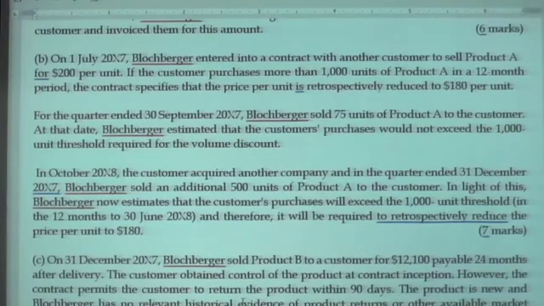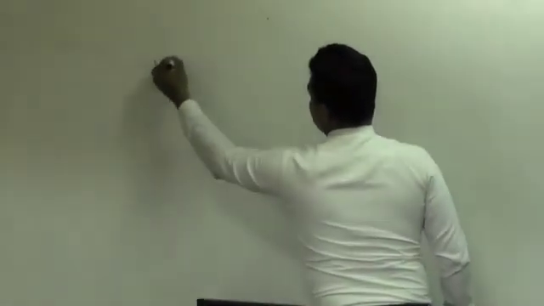Got it? Okay. Now take the timeline. 1st September 17 means first quarter end. You entered on 1st July: July, August, September, first quarter end. You entered into the contract on 1st July.